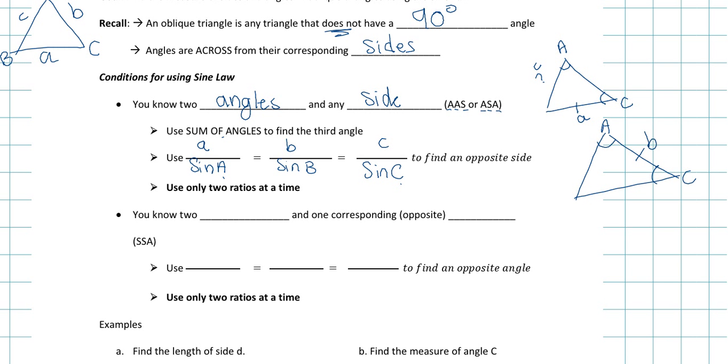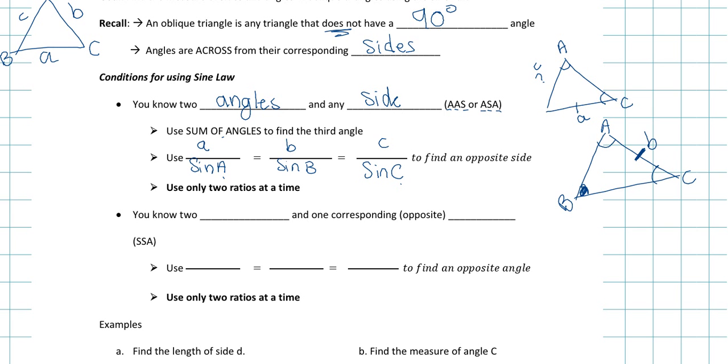Knowing angle A and angle C but not side A and side C, I can't use sine law yet. Because I only know side B, I need to know what angle B is. If I know two angles and I'm looking for the third, you do 180 minus the other two. So now I know angle B.